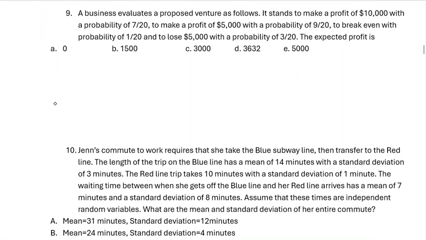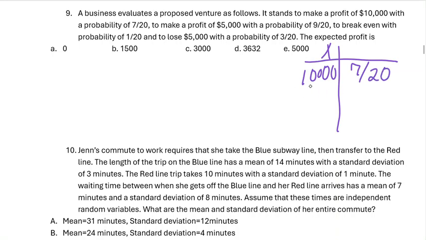A business evaluates a proposed venture as follows. So we're making a probability distribution here. The outcomes are, you can make $10,000 with a probability of 7/20. To make a profit of $5,000, that would be 9/20.